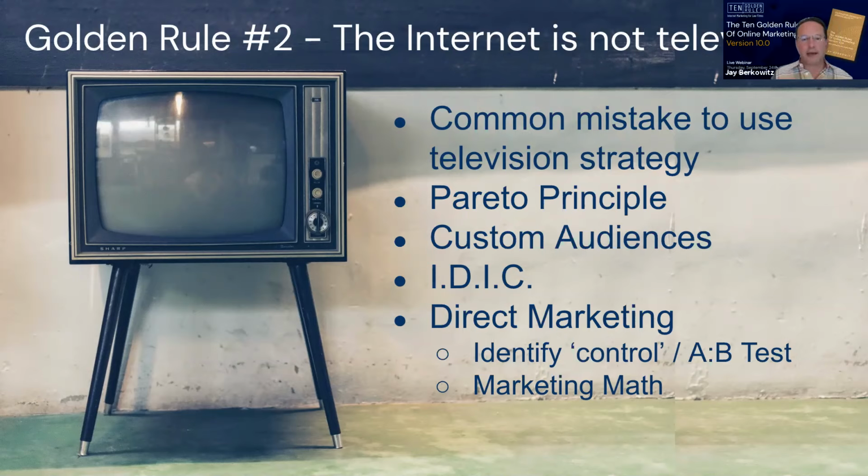And finally, I use direct marketing methodologies. So the internet is more like direct marketing, meaning we identify our best performer, our best banner, our best landing page, our best Google keywords, and we use more and more keywords like those keywords, and we do a lot of A/B testing.